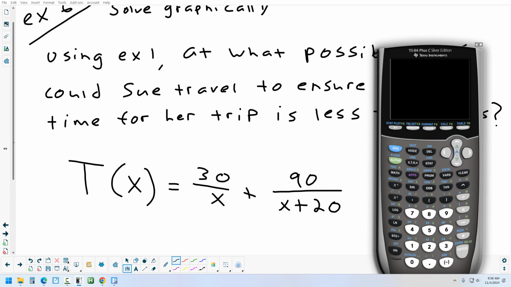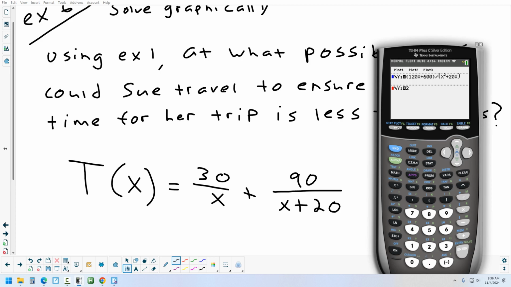Well, it's still the same idea. You're going to graph the original problem, like we already did. I'm just going to change this to 2.5. So there's the time it takes to do the trip. We're going to have a mark at 2.5. And what do you think I'm going to still find next?